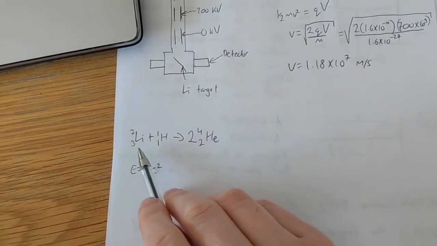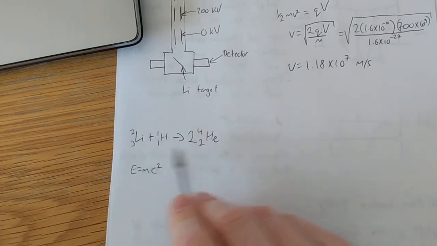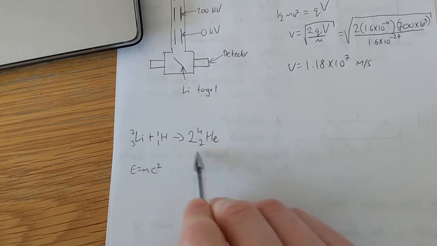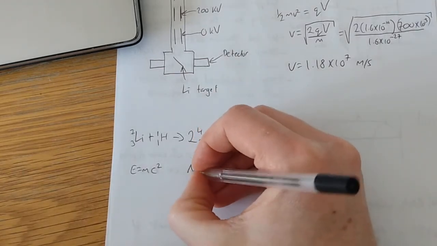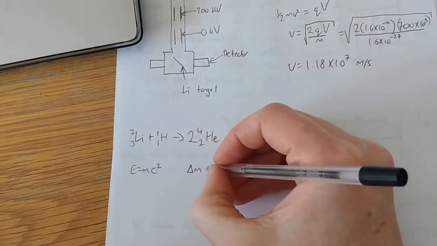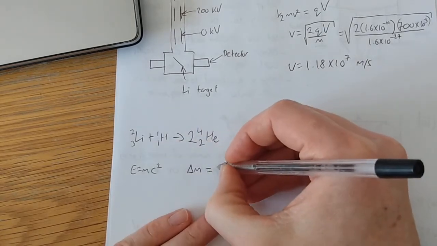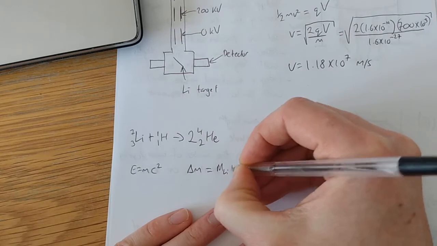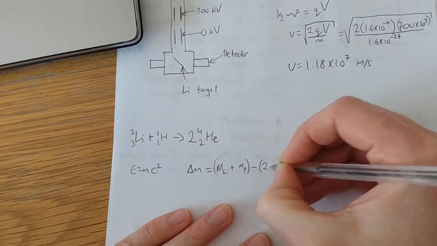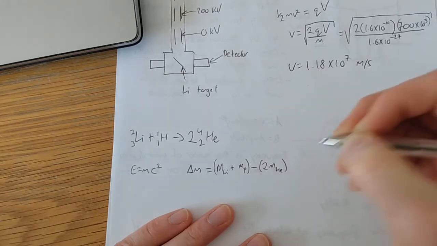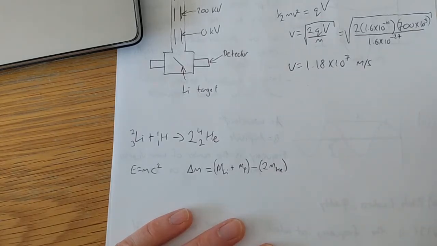What I could do is, instead of doing mc squared on both sides, just get the mass of these and then the mass of this in total, find the difference in mass, and then use this formula. So the change in mass is the mass of the lithium plus the mass of the proton minus twice the mass of a helium.